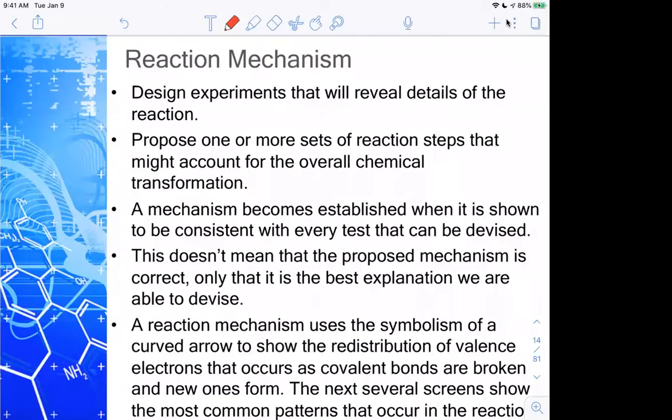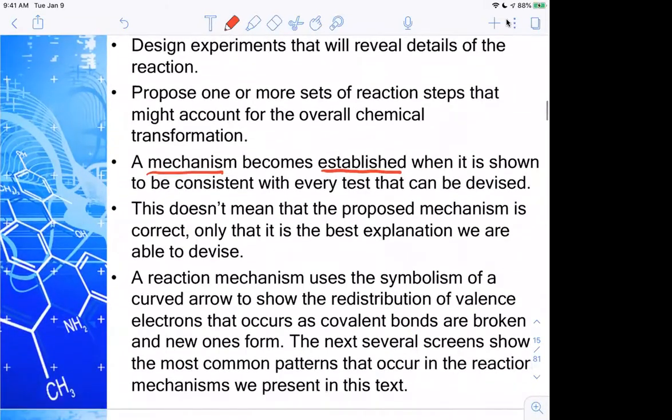But a mechanism does become established when it is shown to be consistent with every test that can be devised. That doesn't mean that this proposed mechanism is correct. All that means is up until now, that is the best explanation that I can devise for this particular reaction.